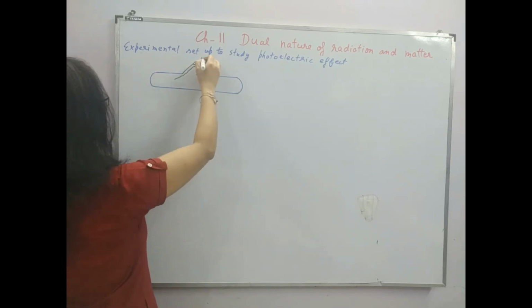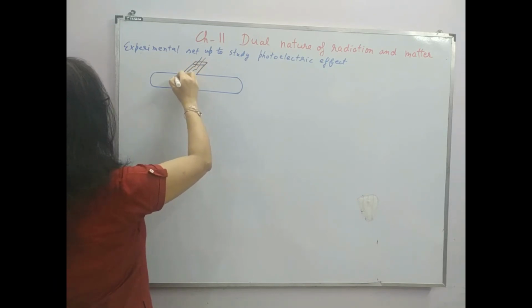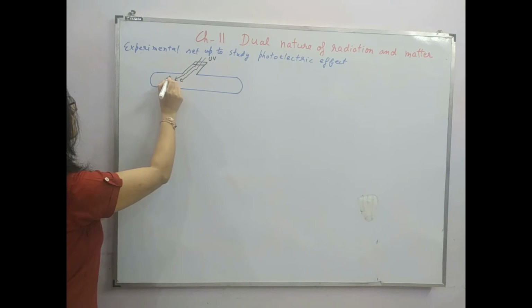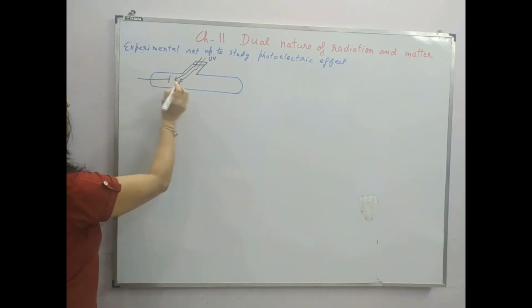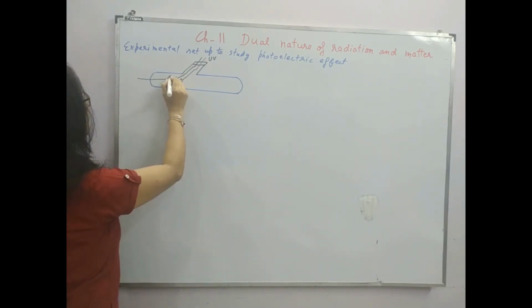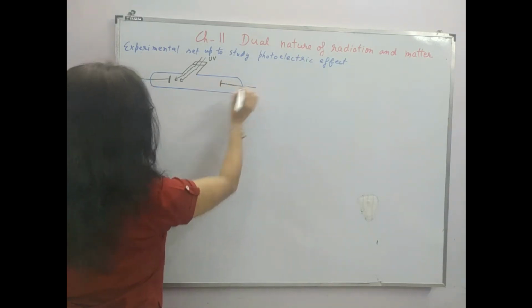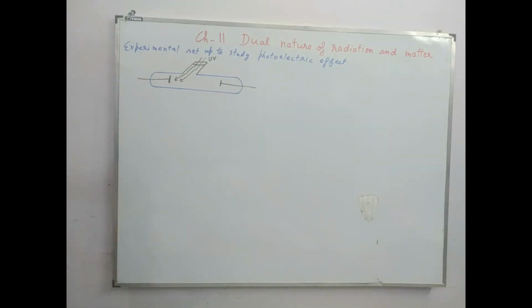From there, UV light strikes the emitter plate. This is the emitter plate. This is the collector plate, which has to collect the electrons.